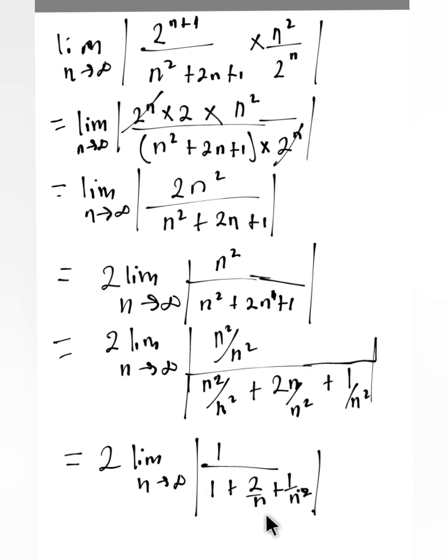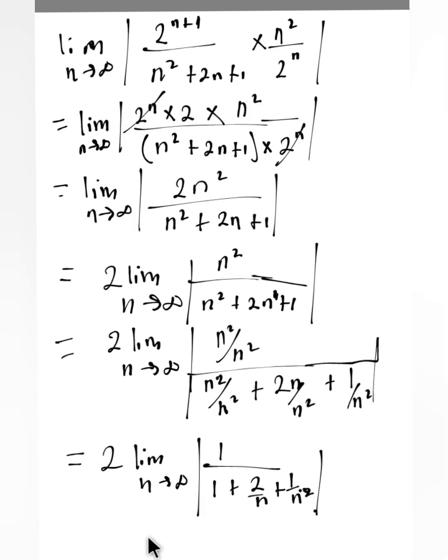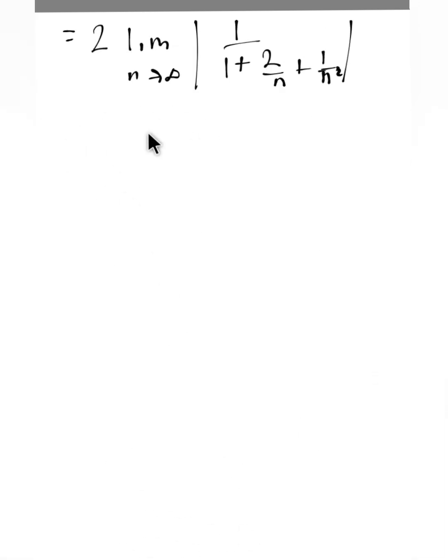Now we can put our infinity in. So we have 2 the limit as n tends to infinity of 1 over 1 plus 2 over n plus 1 over n squared. So this was the last equation that we have. Now if we simplify this further, we'll have 2. Now let's put our infinity in. It becomes 1 over 1 plus 2 over infinity plus 1 over infinity squared.